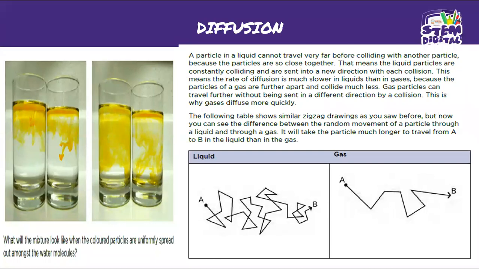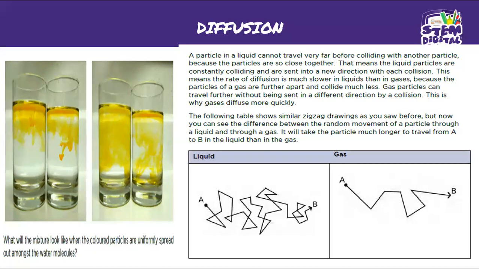This is why gases diffuse more quickly. All right. Now, the following table shows similar zigzag drawings as you saw before, showing the difference between the random movement of a particle through a liquid and through a gas. It will take the particle much longer to travel from A to B in the liquid than in the gas.